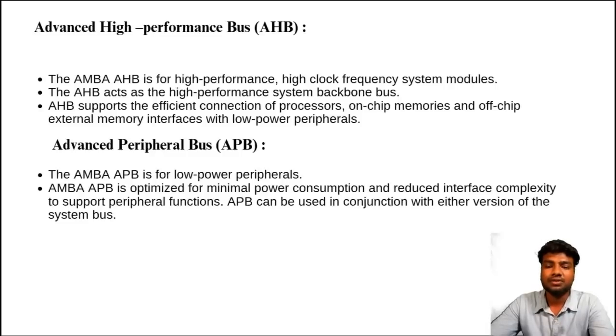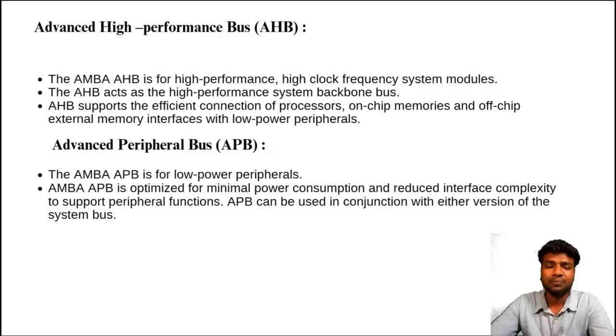The AHB acts as a high performance system backbone, like a backbone bus. This AHB protocol connects the APB and the AXI. AHB supports efficient connection of processor, on-chip memories and off-chip external memories, and interface with the low power peripherals.